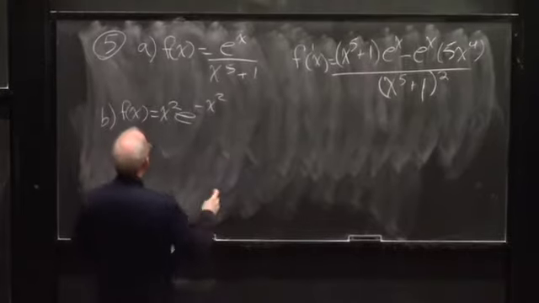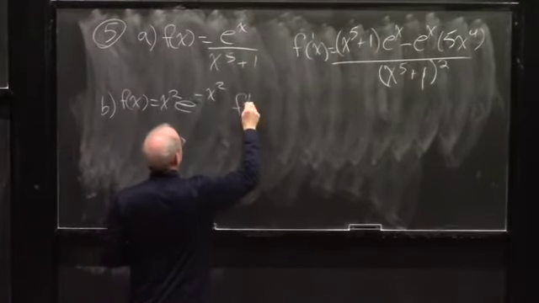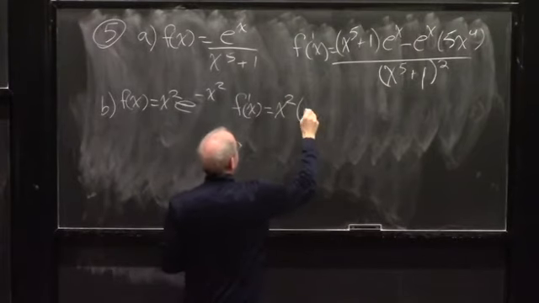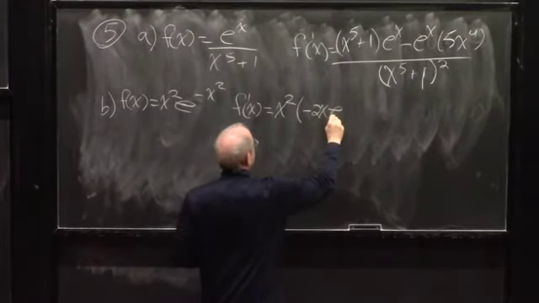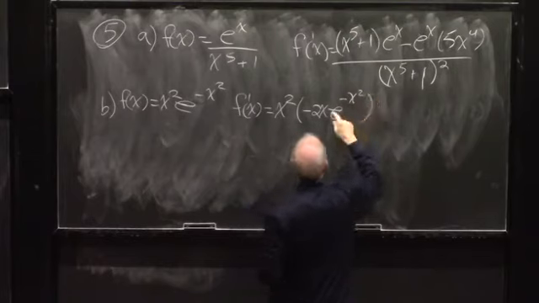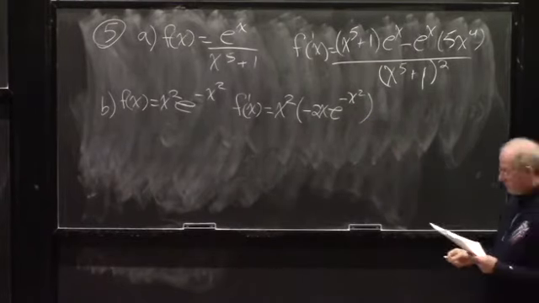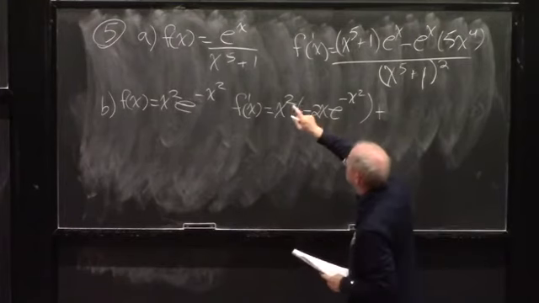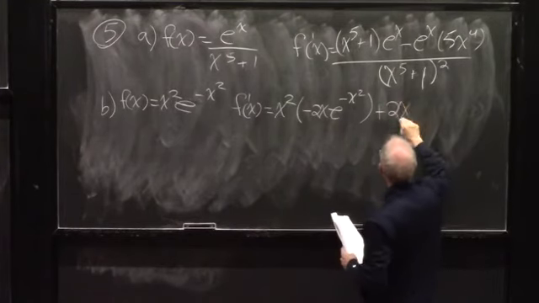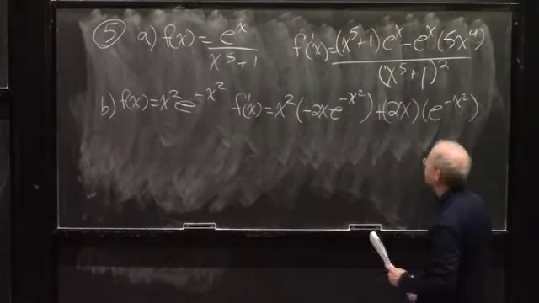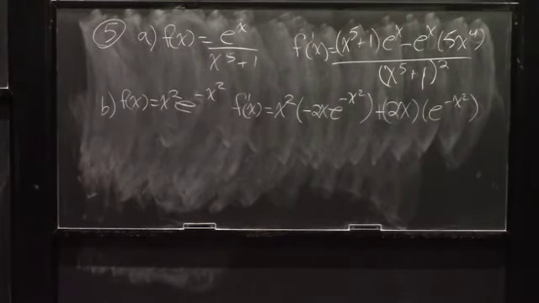So product rule: first function times the derivative of the second, which is negative 2x e to the minus x squared, because it's e to the minus x squared times the derivative of the power, plus derivative of x squared, which is 2x e to the minus x squared.